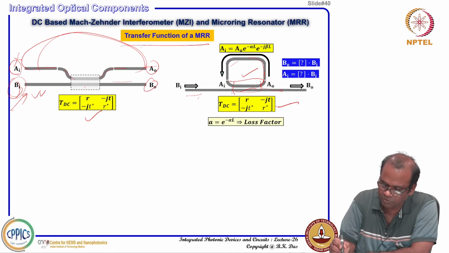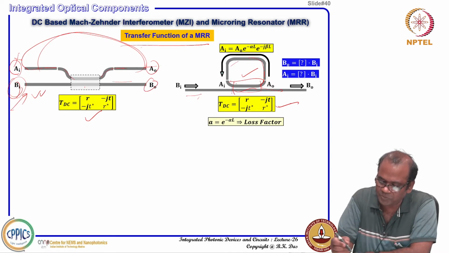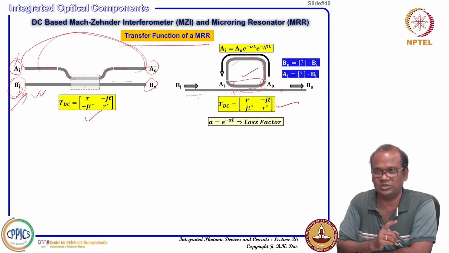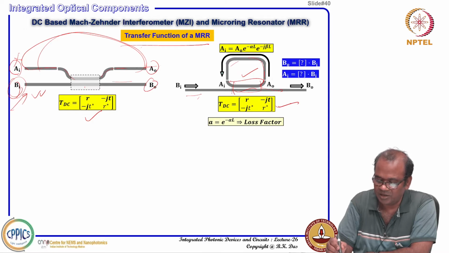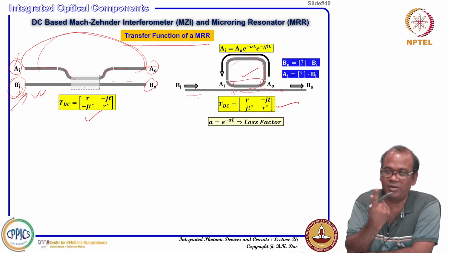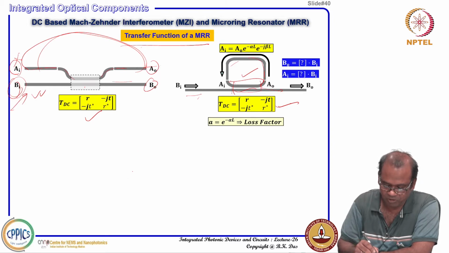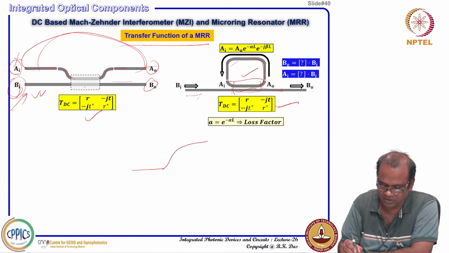But when we are giving positive feedback, you must first know how much feedback you are giving, because there will be losses while propagating, especially when you bend the waveguide. If you have a straight waveguide that goes smoothly, there is almost no loss.